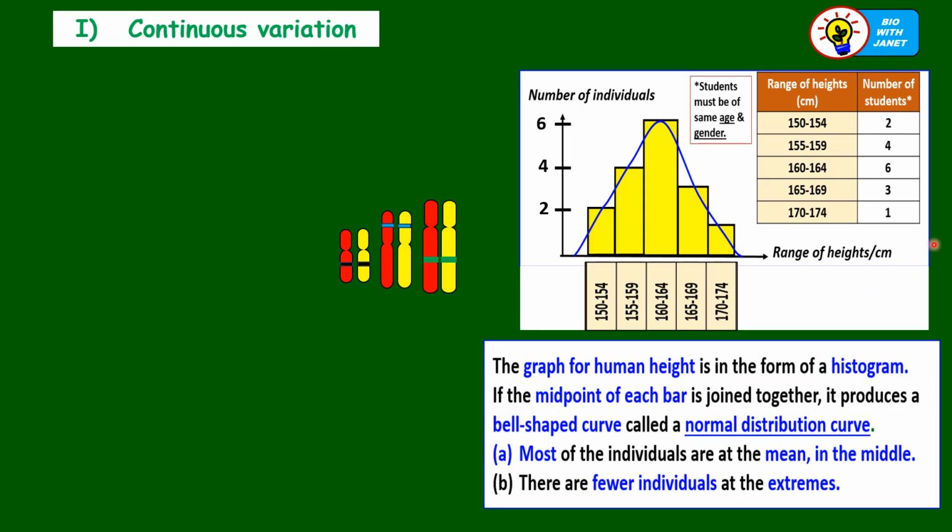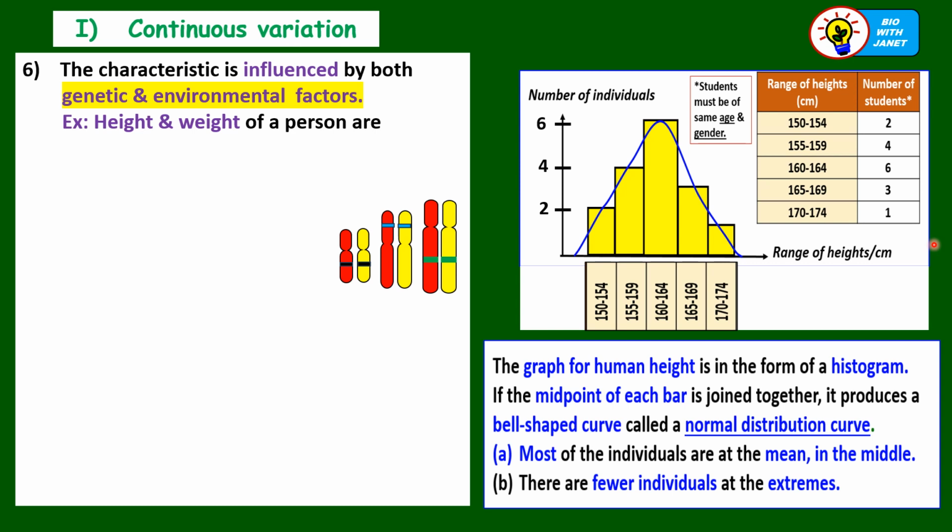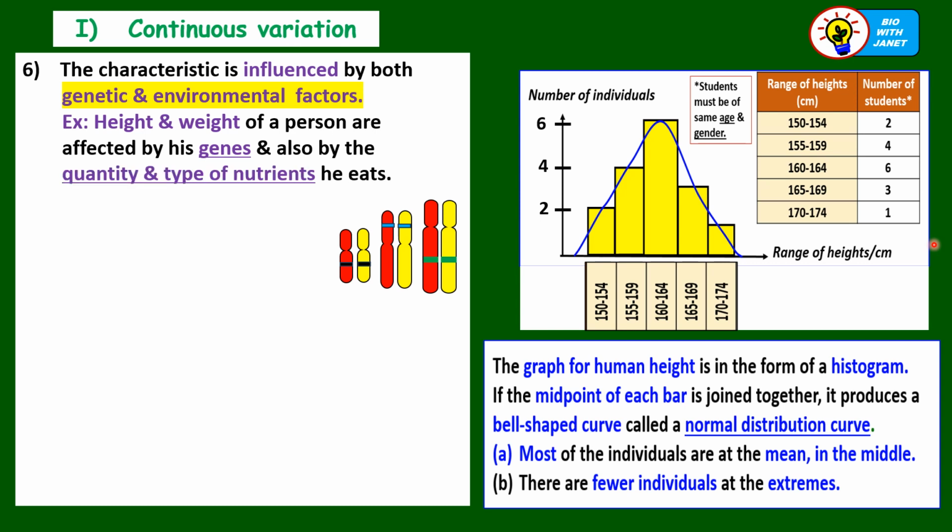Let's continue to discuss other aspects of continuous variation. So the characteristic that shows continuous variation is influenced by two factors, genetic factors and also environmental factors. Now, for example, the height and weight of a person are affected by his genes, which he inherits from his parents, and also by the quantity and type of nutrients that he eats. So the quantity and type of nutrients are environmental factors.